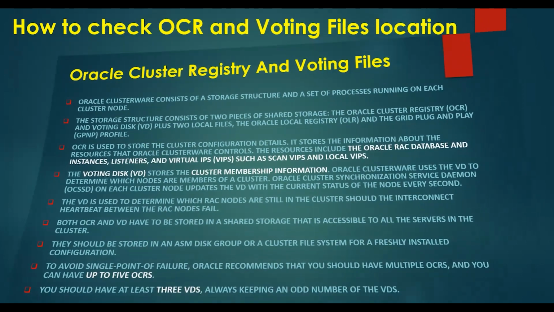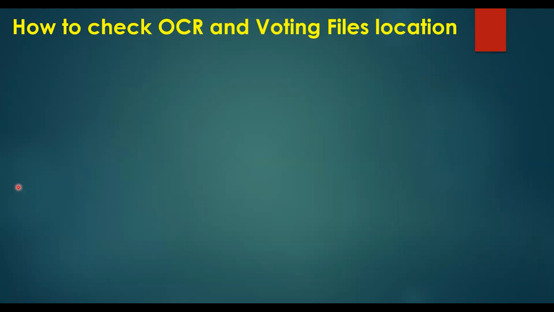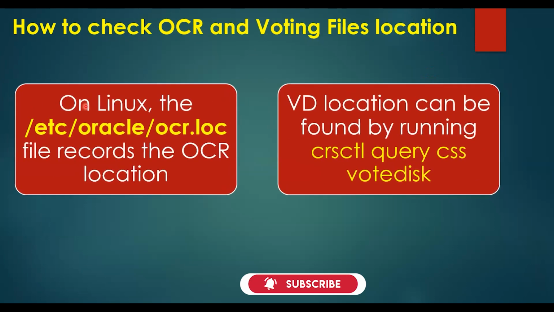Okay, so moving further, how to check OCR and voting file location. This is also very important. Sometimes while doing any activity, we have to verify all the locations of OCR files. If you are using any Linux based operating system, you can use a cat command to verify the OCR location.